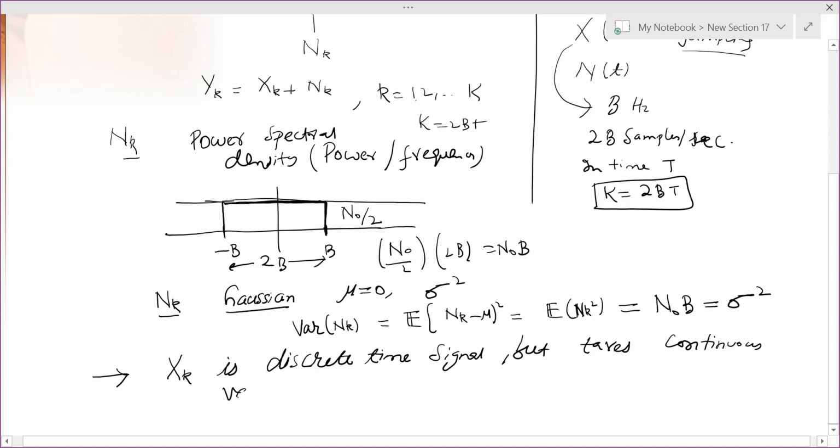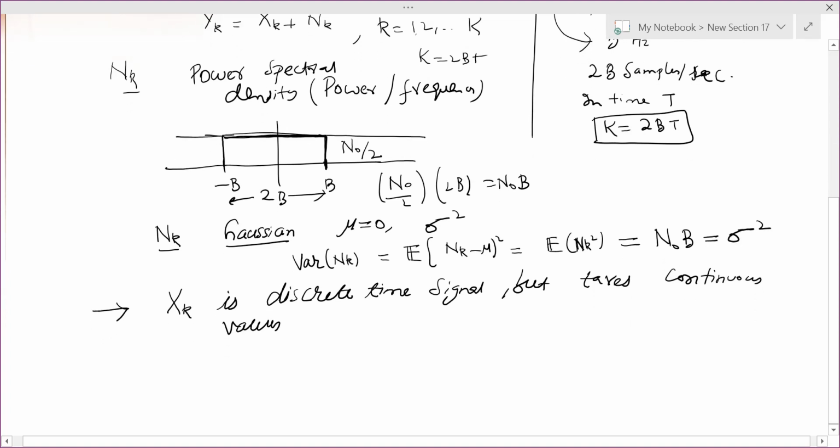This is very important. Xk can take any value. It is discrete in time, that is, defined at particular times, but it can take any value. Similarly nk is discrete time but can take any value, and yk also. So they are all continuous random variables.